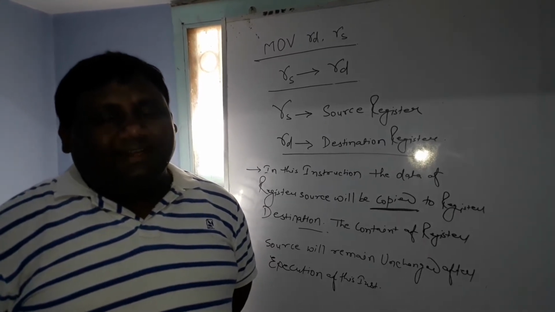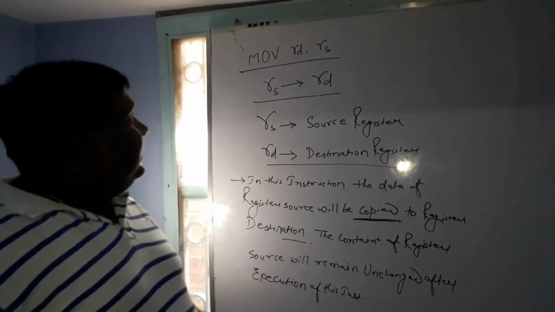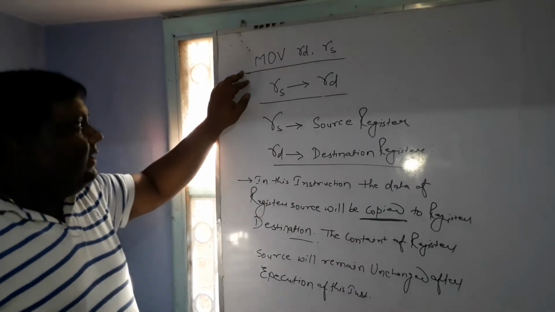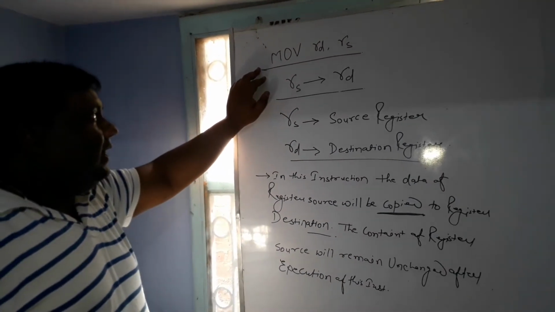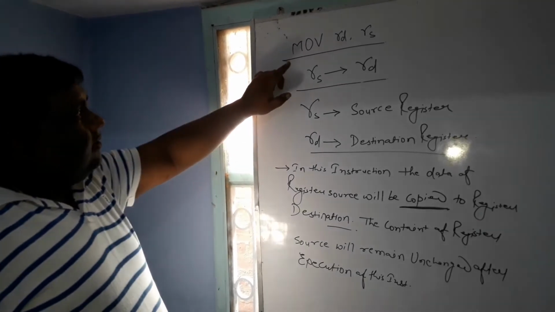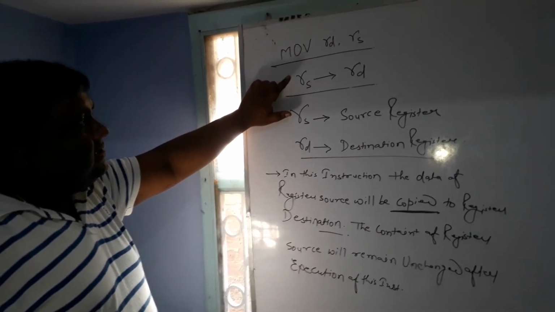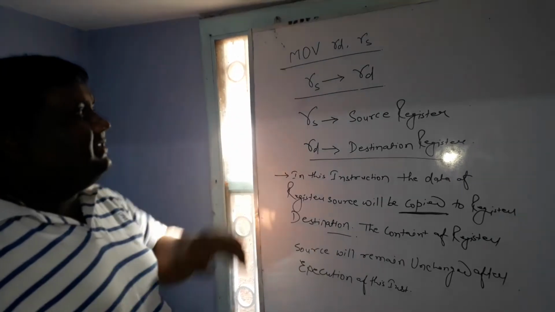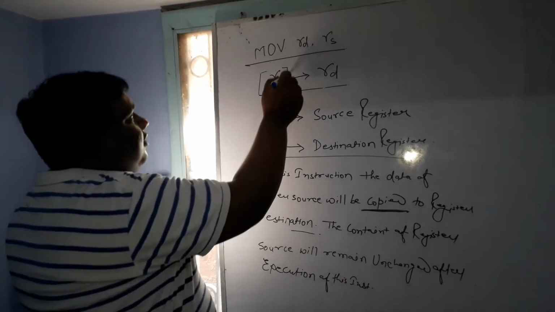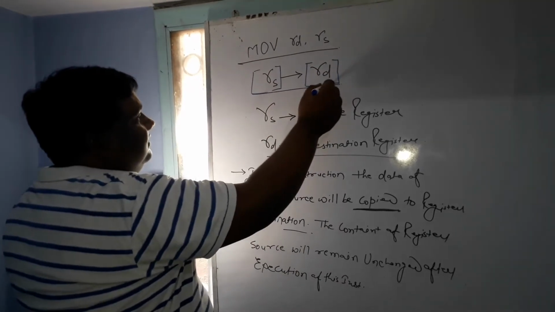So in the data transfer group, the first instruction that comes is MOV RD, RS. In this instruction, the data of register source RS is copied to register destination RD.